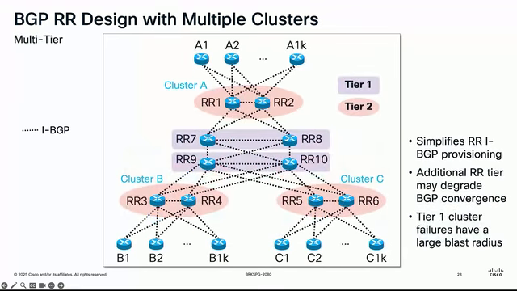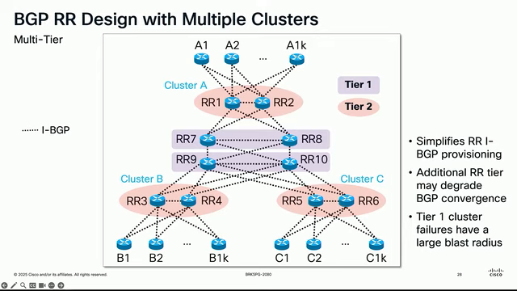The second design option is a multi-tier route reflector cluster design, right? And so in this design, rather than have a full mesh between all of the clusters, cluster A, B, and C in this example, those route reflectors in the 3 clusters operate at the tier 2 level within the architecture.